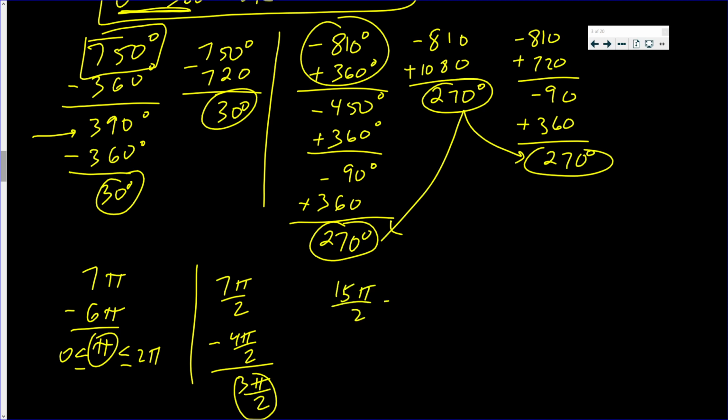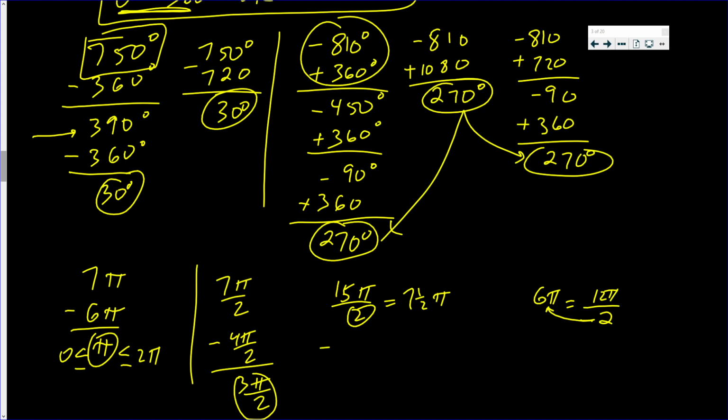If you have 15 pi over 2, that's 7.5 pi's. So we can either take away 2 pi or 4 pi or 6 pi, but not 8 pi. So we want to take away 6 pi, but we want to have a 2 in the bottom. 2 times 6 pi is 12 pi.